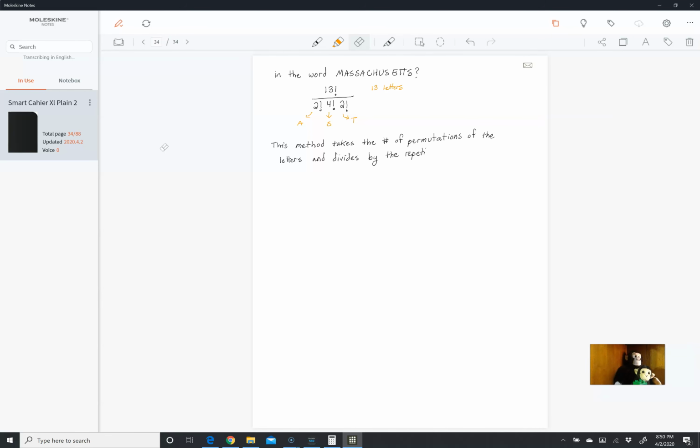And the other way to look at it is treating it as if we have these empty spots that we have to fill, okay? So for each of these, there's a second method. So let's take the word happy again.